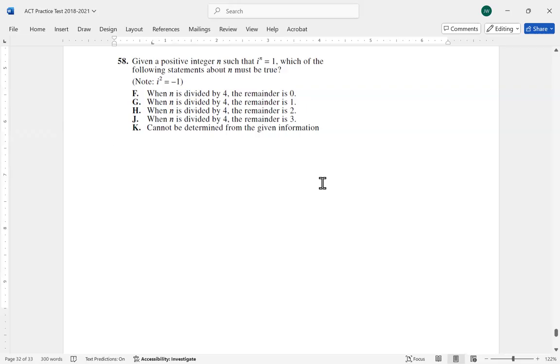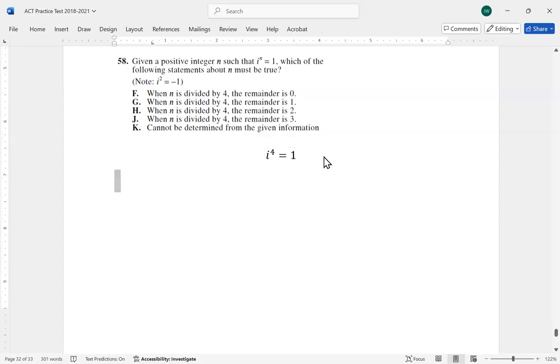Question 58. Given a positive integer n such that i to the n is equal to 1, which of the following statements about n must be true? Now, this goes back to understanding how i works. Since i squared is equal to negative 1, i raised to the 4th power is equal to positive 1.